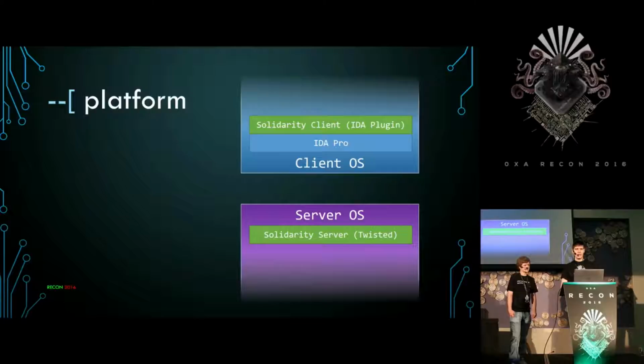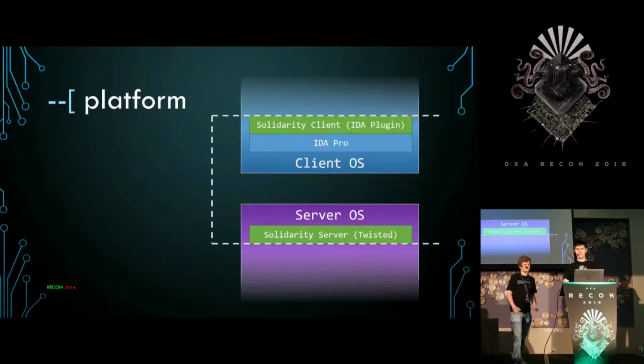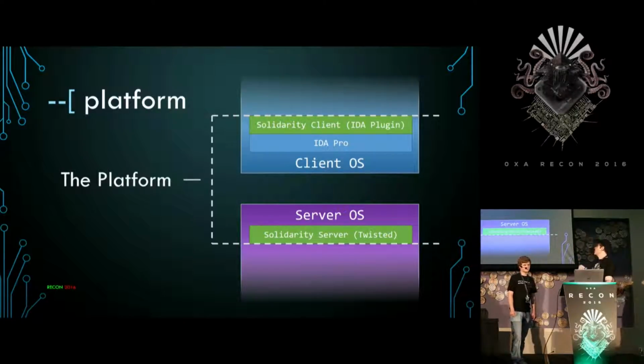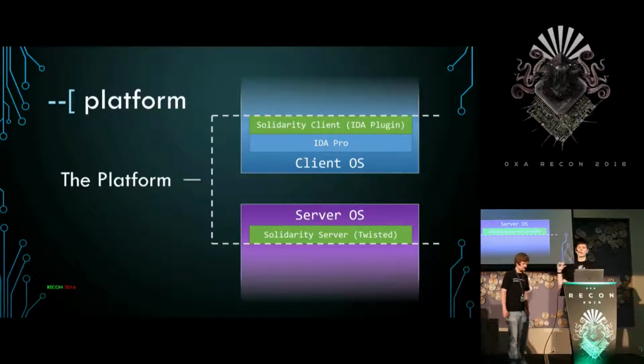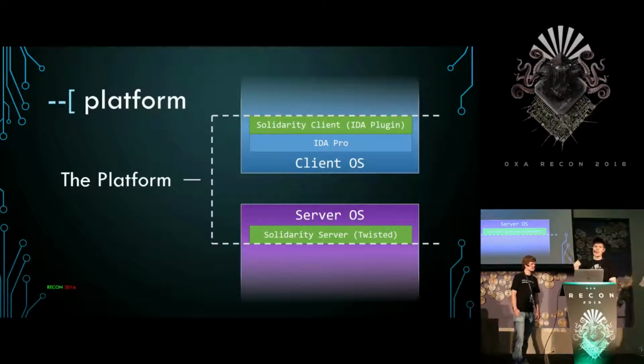On top of the server and the client, we're able to extend them with modules. So we have the plugin, which is built on top of IDA Pro, which is what we call the SolIDarity client itself, and then the SolIDarity server. And this whole getup right here is the platform.